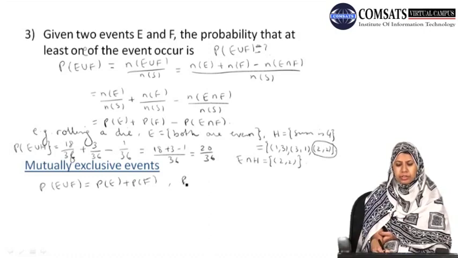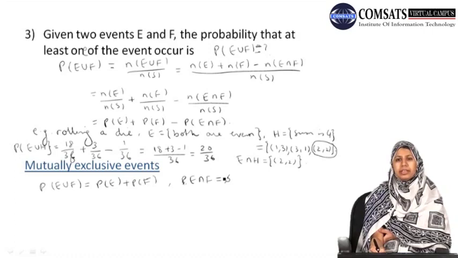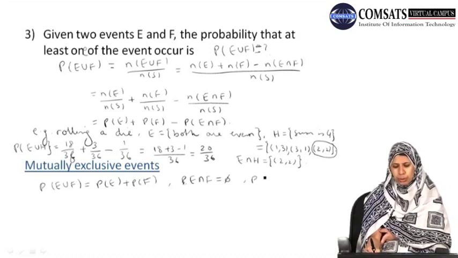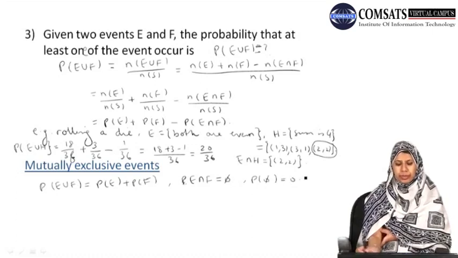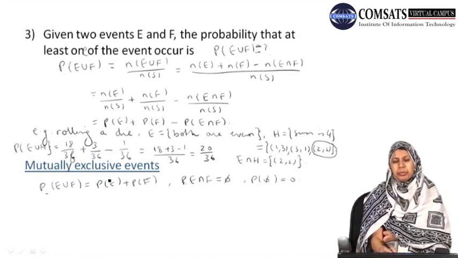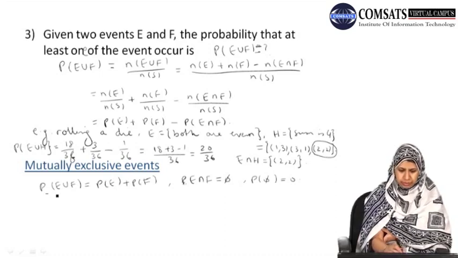Why? Because the events E and F are mutually exclusive, that is their intersection is empty, and we know by the property of probability that the probability of an empty set is 0. So in case of mutually exclusive events, our formula reduces to the sum of the probabilities of the respective events.